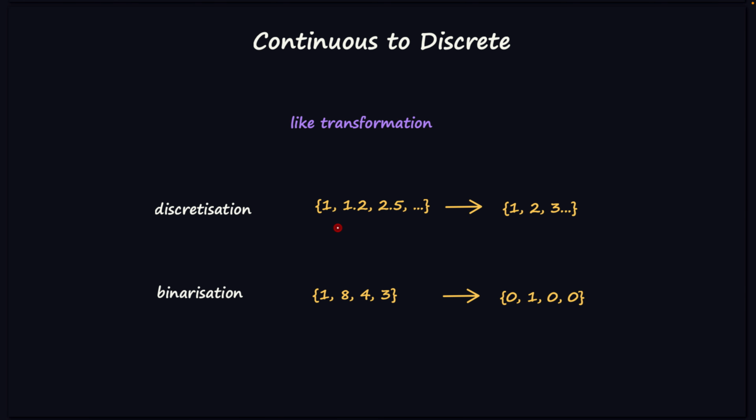Binarization is very similar to discretization, but here we are only mapping the input values to either 0 or 1. In this particular example, I have mapped anything below 5 to 0 and anything 5 or above to 1. So this type of activity is very useful in some data sets and for some of the tasks.